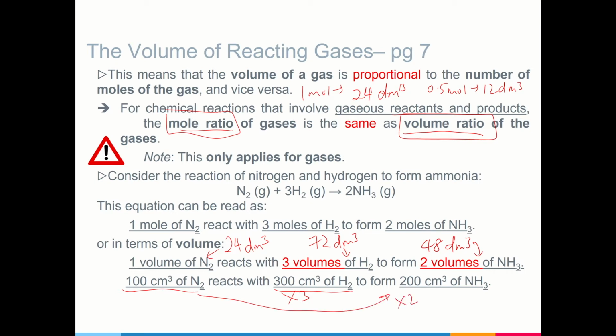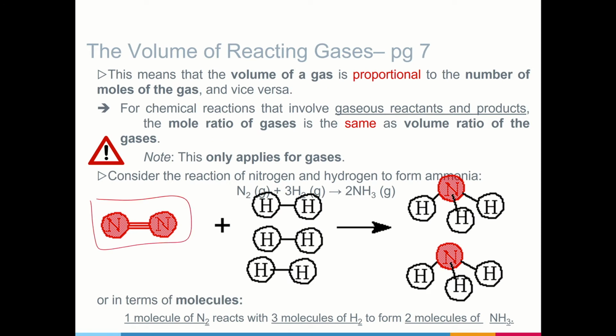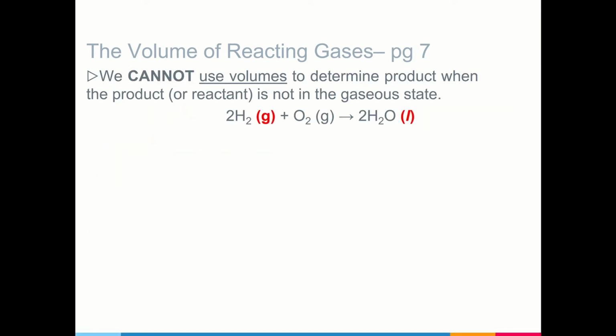Because they're proportional. So if mole and volume are proportional, I can just use volume directly. So it means that I have 1 unit of this reacting with 3 units of this, and total I'll produce 2 units of ammonia.